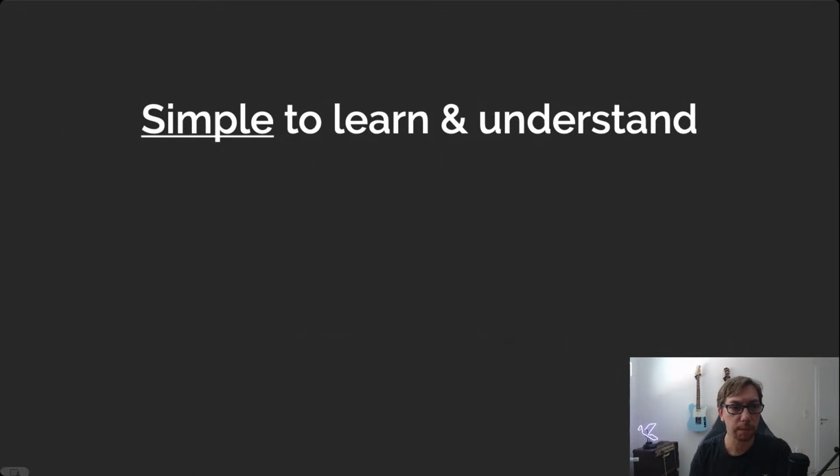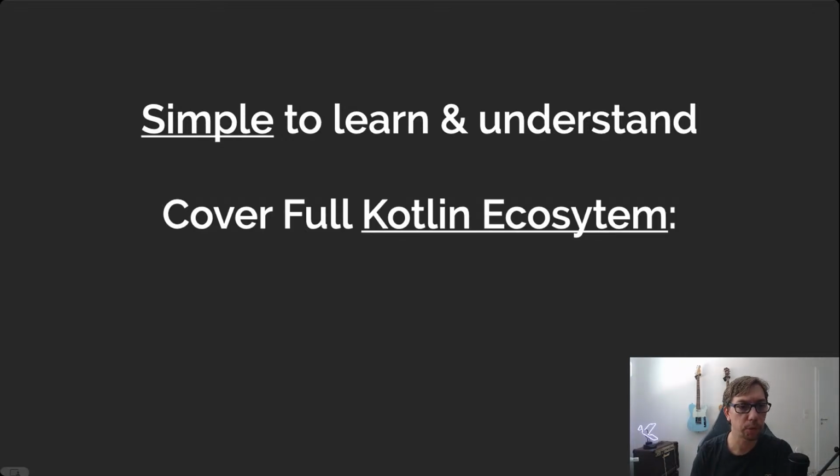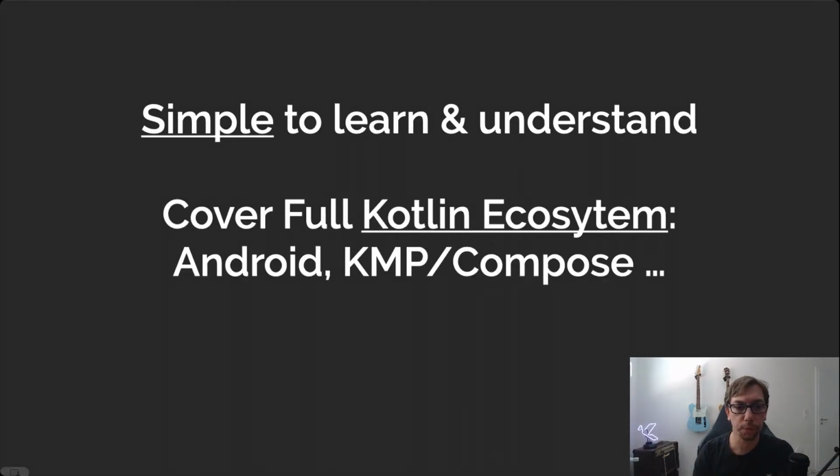You can just open a configuration and anyone can quickly understand and write it. Koin covers the whole Kotlin ecosystem, from Android to KMP, Compose, Ktor, and any other Kotlin project.